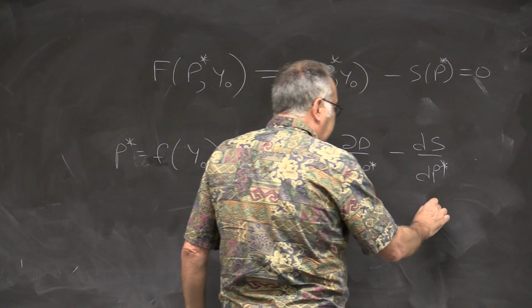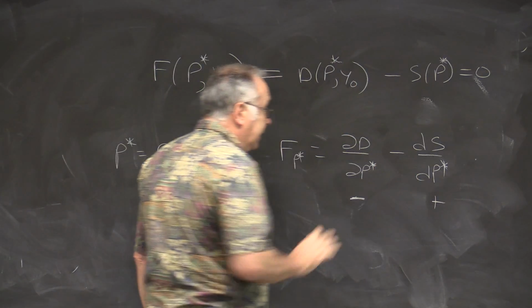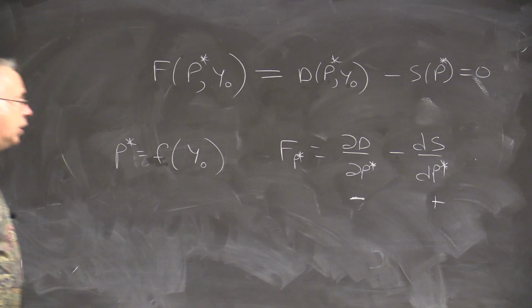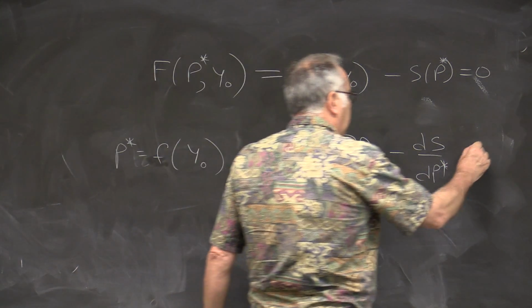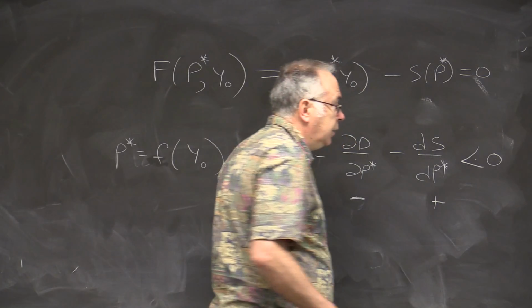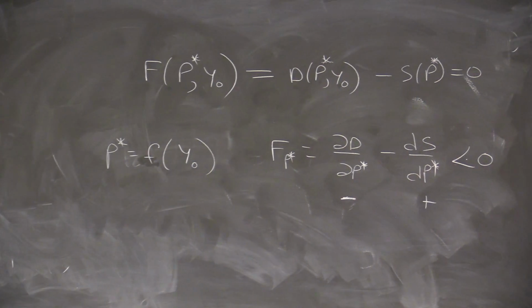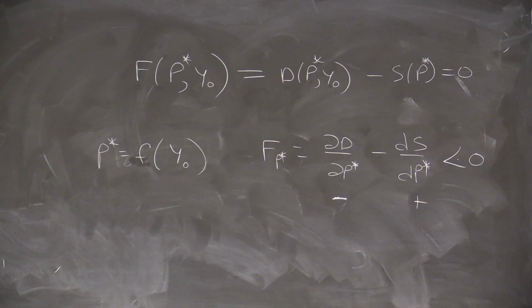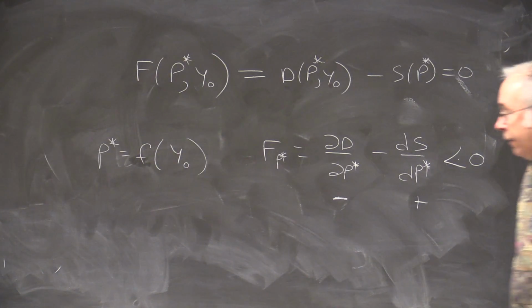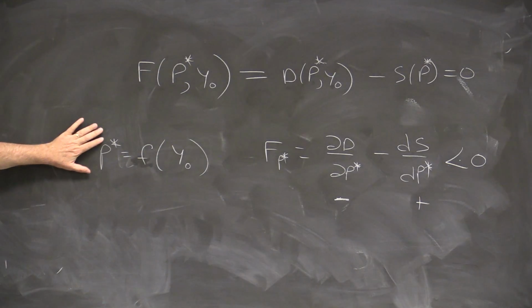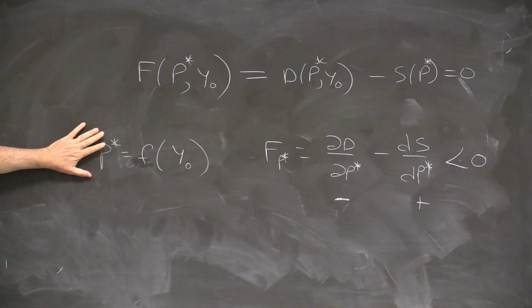By assumption, this dS dP is positive, so you've got a minus sign in front of it. So the partial derivative of capital F with respect to P star is always negative, by assuming that demand is downward sloping and supply is upward. So therefore, we can conclude that this function does exist.